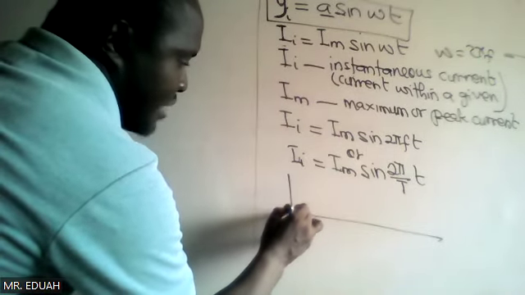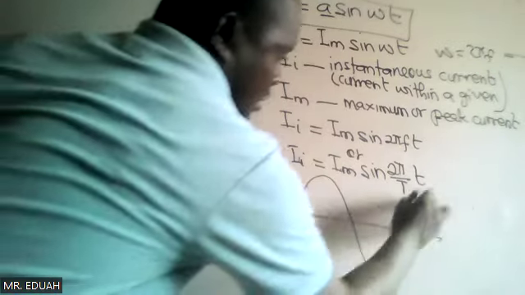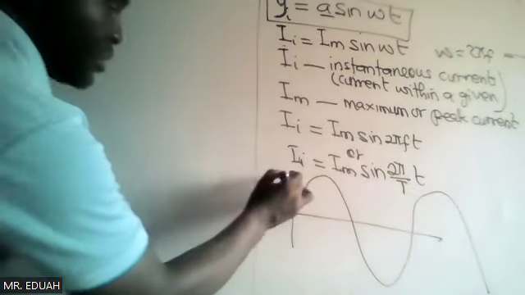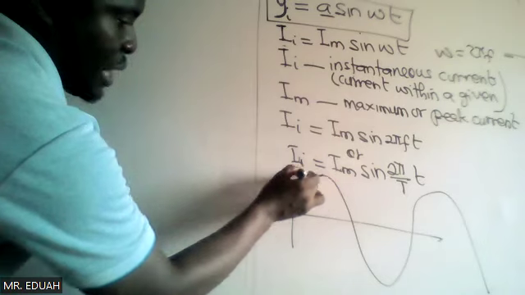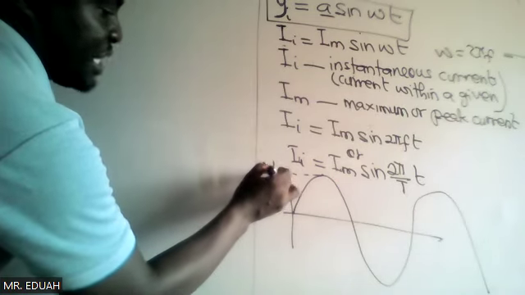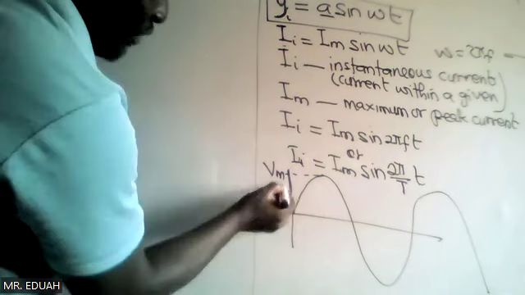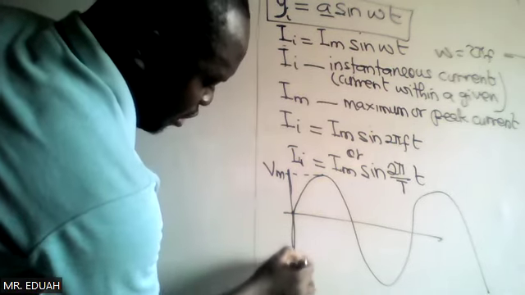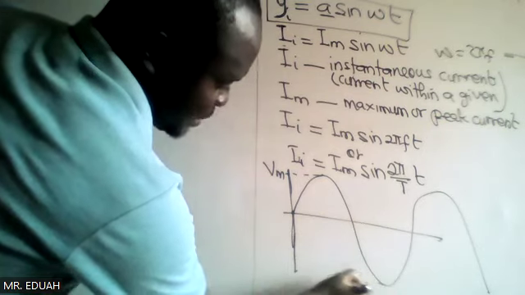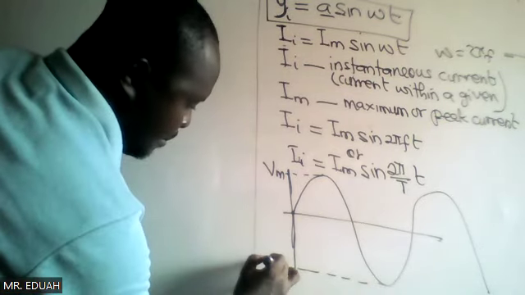Once it's a sine curve, it starts from the origin, where this is the peak voltage or maximum voltage, either from here or from this part, minus.